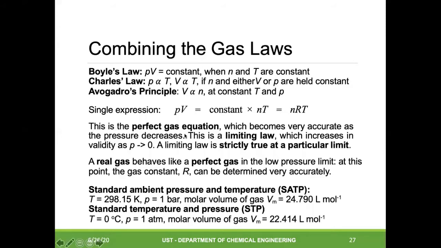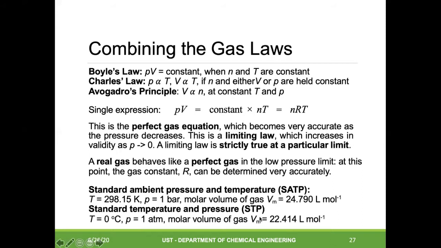So again, this is the perfect gas equation, which becomes very accurate as pressure becomes lower, as pressure decreases. A real gas behaves like a perfect gas in this limit, though we will be discussing real gases in the next topic. So this could be pictured as a perfect gas in the low pressure limit.